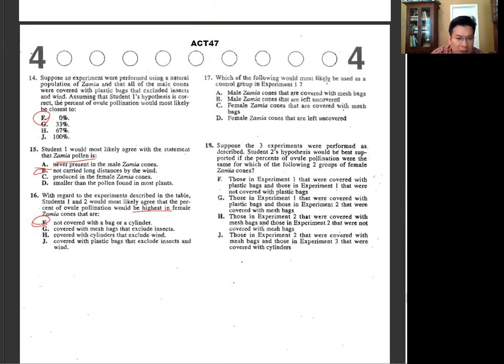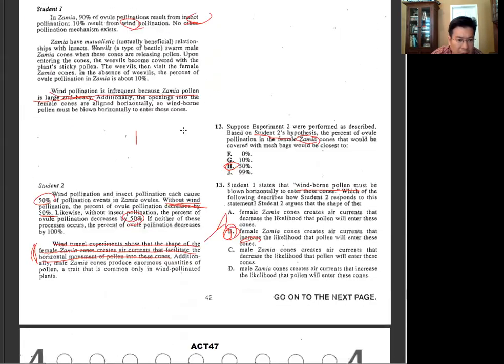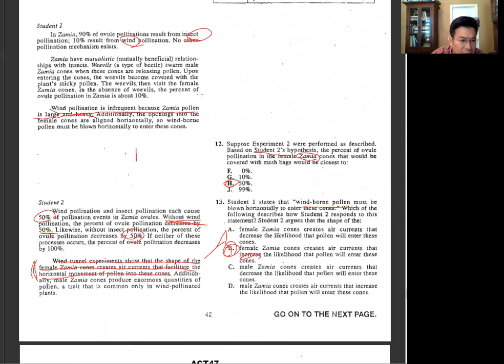Which of the following would most likely be used as the control group in experiment one? Which one do you have to cover up? I mean, you leave it as a control group, nothing really different.